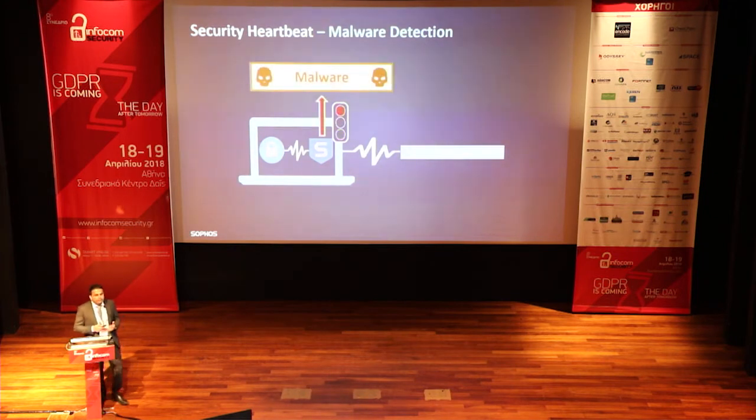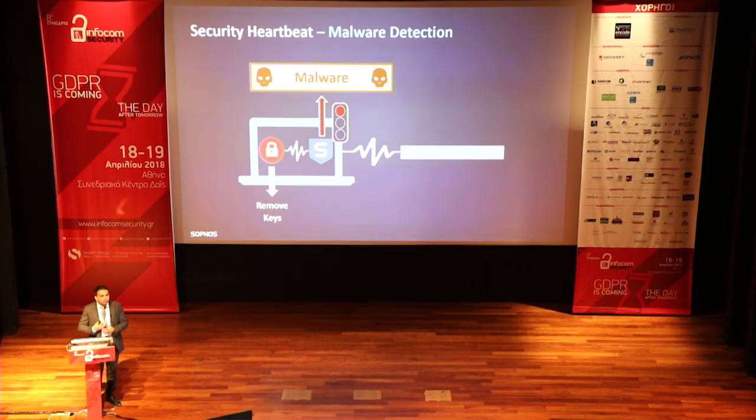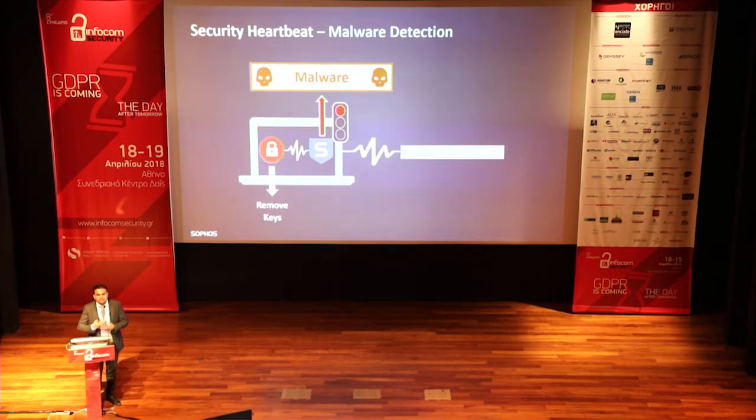So if Sophos endpoint detects that there is some malicious activity on the computer, it will first inform the data protection product to revoke the keys. When it revokes the keys, the user himself or a malicious process who is trying to read your data or trying to upload the data to some other place will not be able to, because the data is all encrypted.